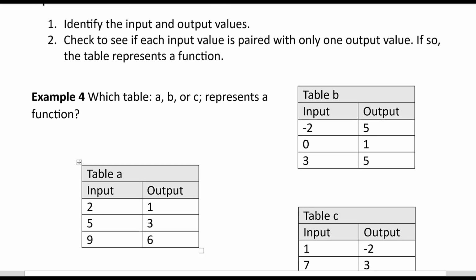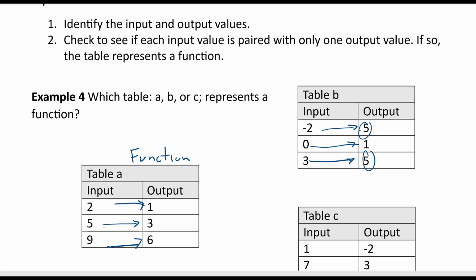So we have these three tables, A, B, C. So notice that 2 goes to 1, 5 goes to 3, and 9 goes to 6. So each thing has one partner, so this is a function. Then we have -2 goes to 5, 0 goes to 1, 3 goes to 5. These are the same thing, obviously.